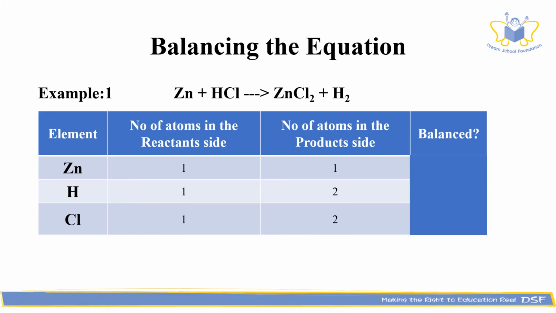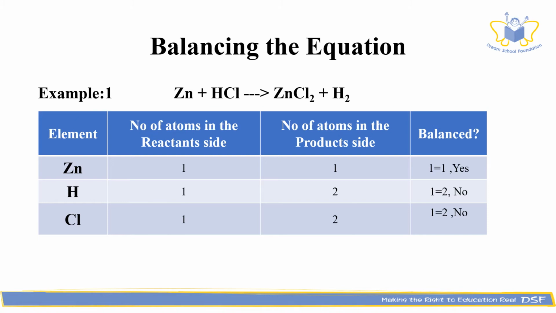Now check whether they are balanced or not. While we check each element, zinc is balanced whereas hydrogen and chlorine are not balanced because one atom is there in the reactant side and two atoms are there in the product side.